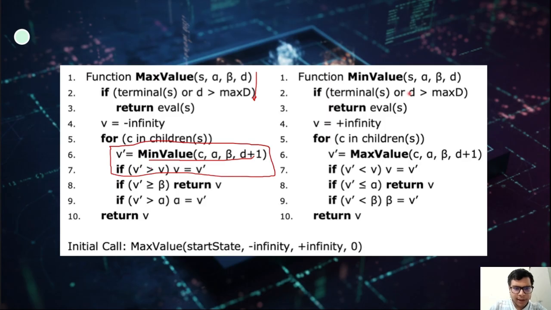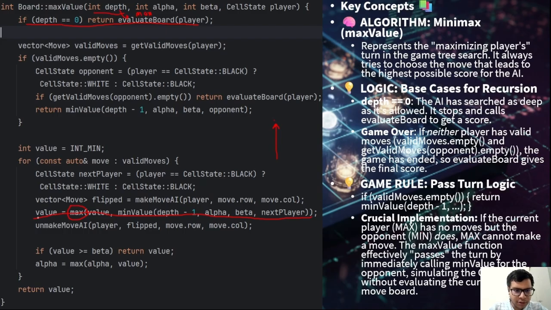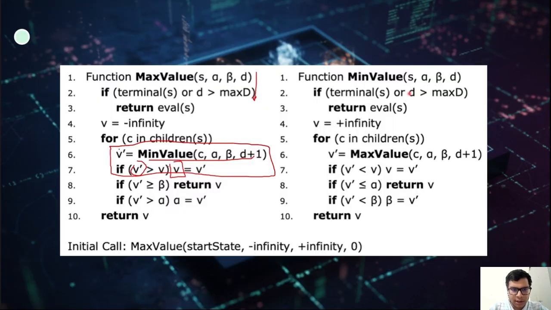If v dash is more than v, v equals v dash, else if v dash is less than v, v stays as it originally was. So this is what this one line means. Basically, v always takes the value of the maximum of v dash and v. Fine. So value takes the maximum of value and the min value, this thing.